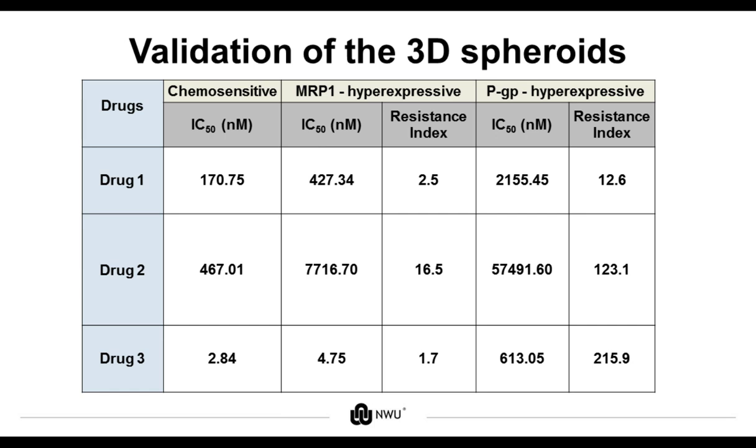These drugs are specifically chosen for their affinity for our desired efflux transporters. Drug 1 is not a substrate of particularly PGP or MRP1. Drug 2 is a substrate for the MRP1 efflux transporter, and drug 3 is a substrate for the PGP transporter.